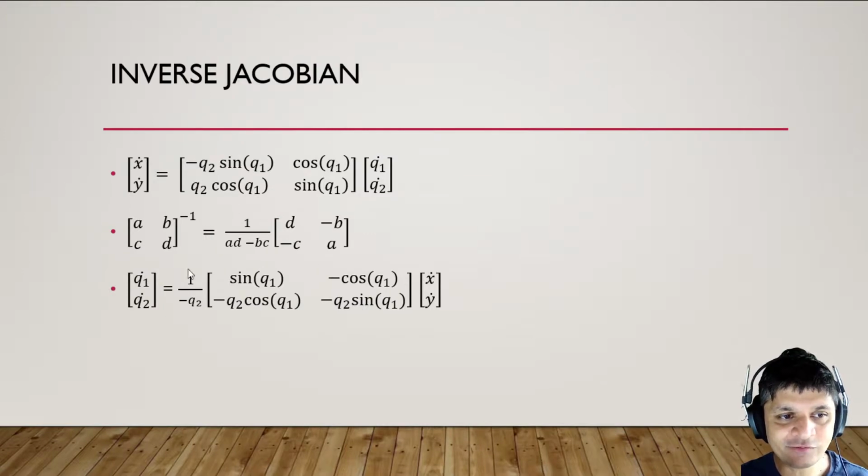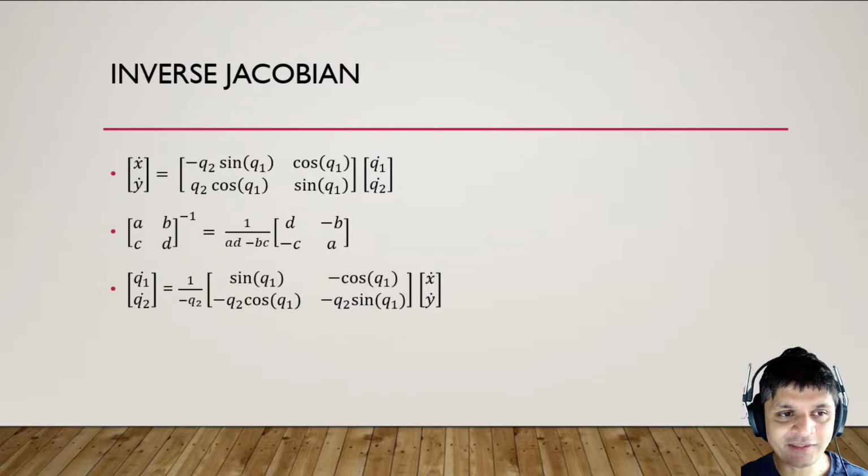And if we invert it using the structure, we get that q1 dot, q2 dot equals 1 over minus q2 times sine of q1 minus cos of q1 minus q2 cos of q1 minus q2 sine of q1, times x dot, y dot, right? So we just followed this formula to get the inverse. And like I say, in real life, you'd most commonly use something like MATLAB or Python to find the inverse.